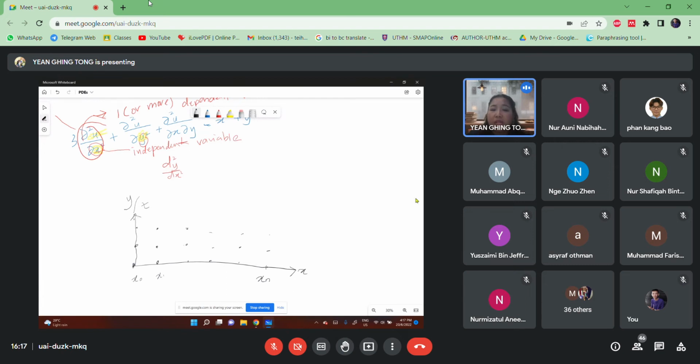Basically, that means we want to know the values on a grid. It's like a grid here, so you want to know the value here, here, here, and so on, all of these points.